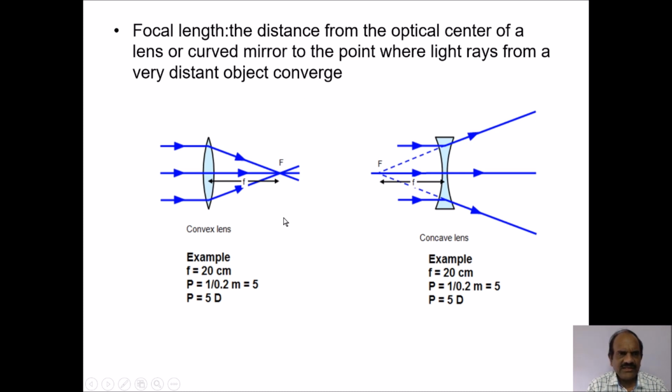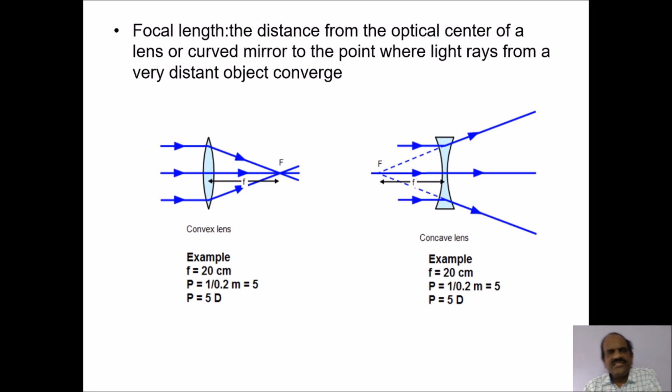Now, similarly, this is a convex lens, you can see. The focal length in this case is about 20 centimeters, and for the biconcave lens here, the focal length is also 20 centimeters. Now we can express the power of the lens in terms of diopters, where capital D stands for diopter. How do we determine it?